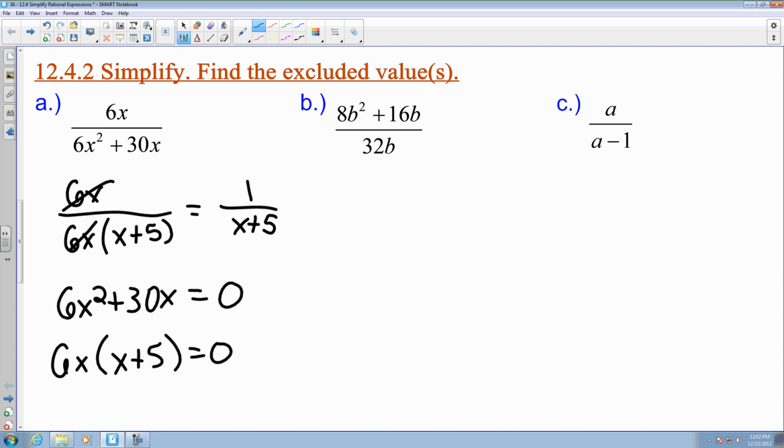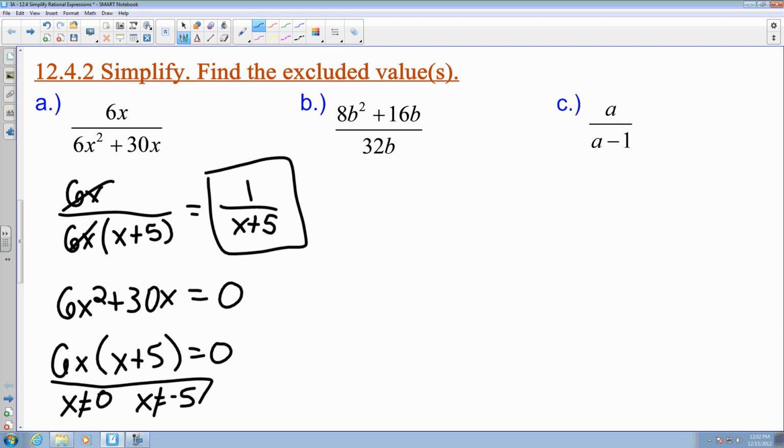If we use the zero product property, we know that x would have to equal 0 and x would have to equal negative 5. So for A, the simplified expression is 1 divided by x plus 5, and the excluded values mean that x cannot equal 0 and x cannot equal negative 5.